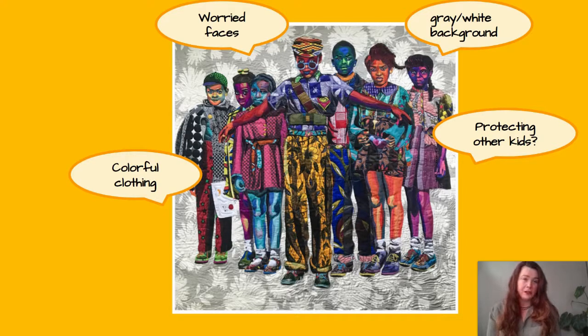Others wondered about the character in the front, who seems to be slightly bigger and with his arms splayed out, possibly protecting the children behind him. Some people even connected to the title, Safety Patrol, and noticed that the character in the middle has a sash on that maybe is part of his uniform to protect the children behind him.